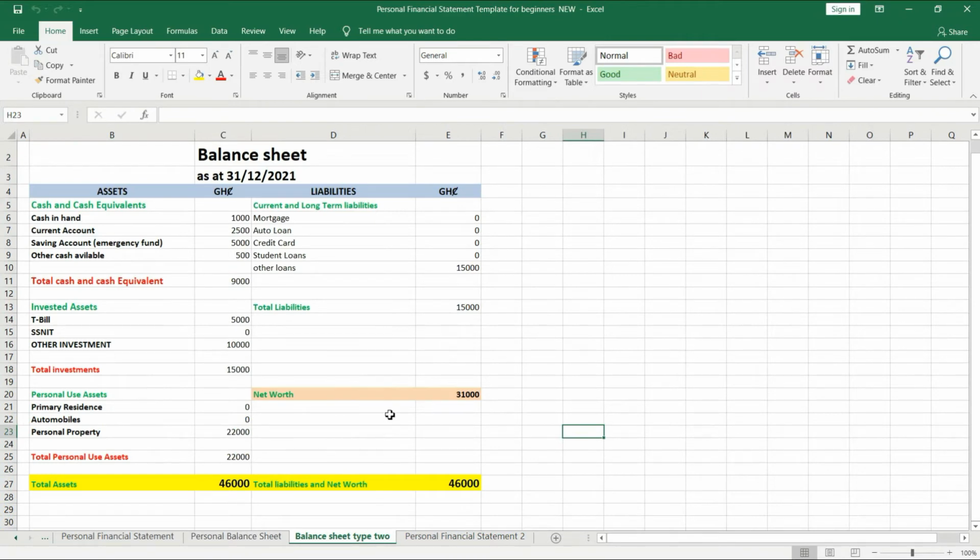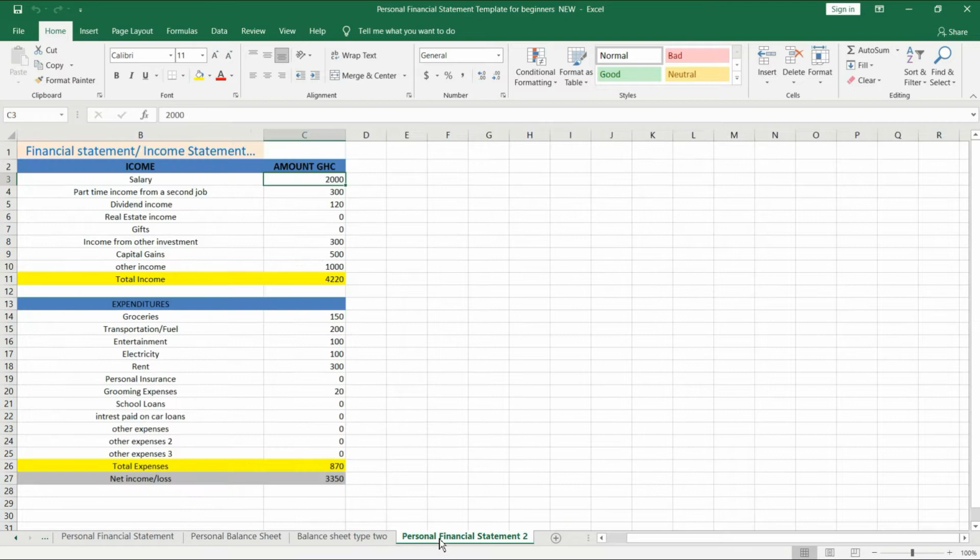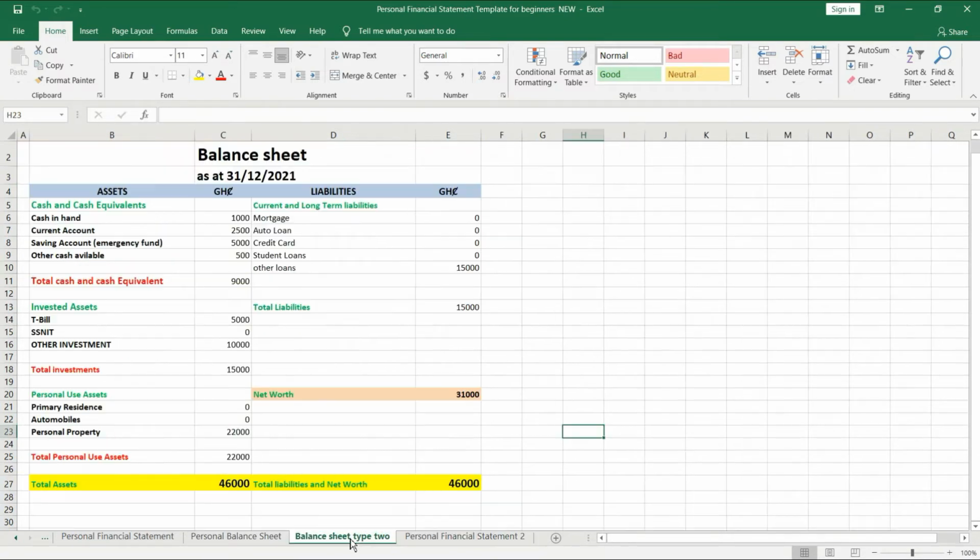Before we get to the income, the expenditure, the assets, the liabilities and so on, I want us to look at a very important equation in accounting.